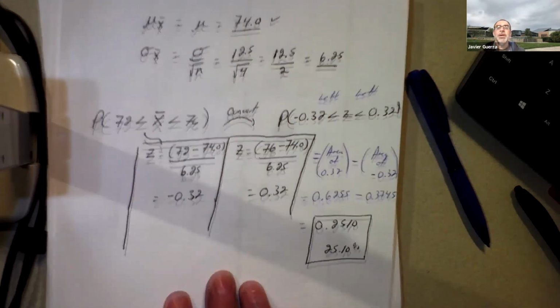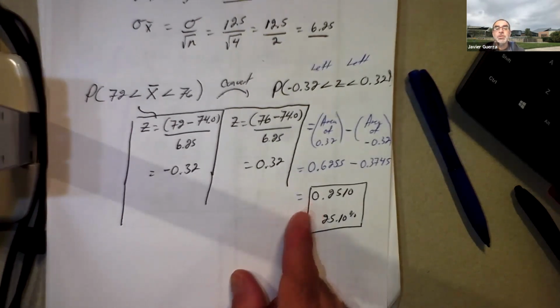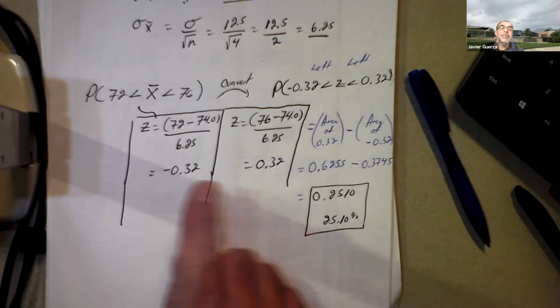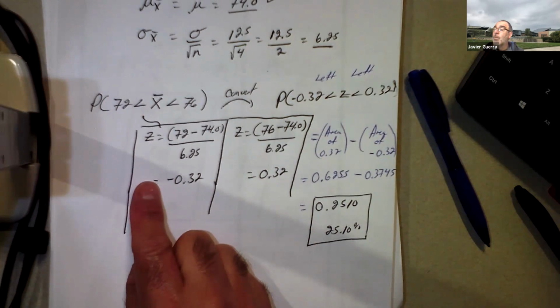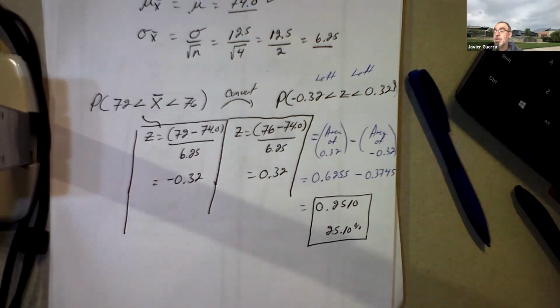You're probably wondering why the percentage is so low. Well, think about it. What's the probability that you're going to find 4 females at random, and that all 4 of those females have heartbeats between 72 and 76?